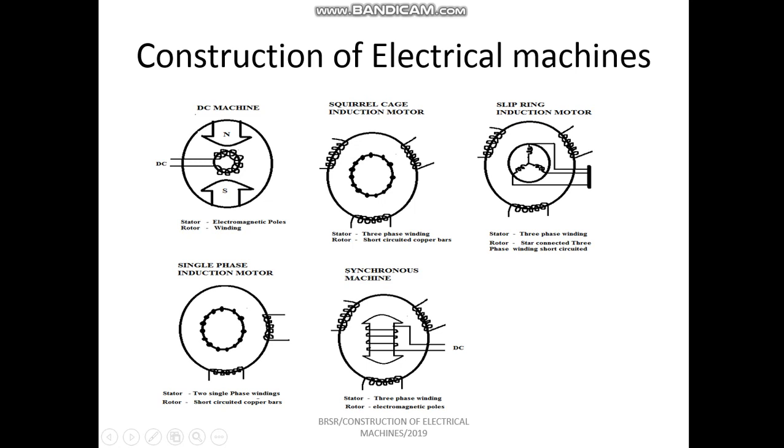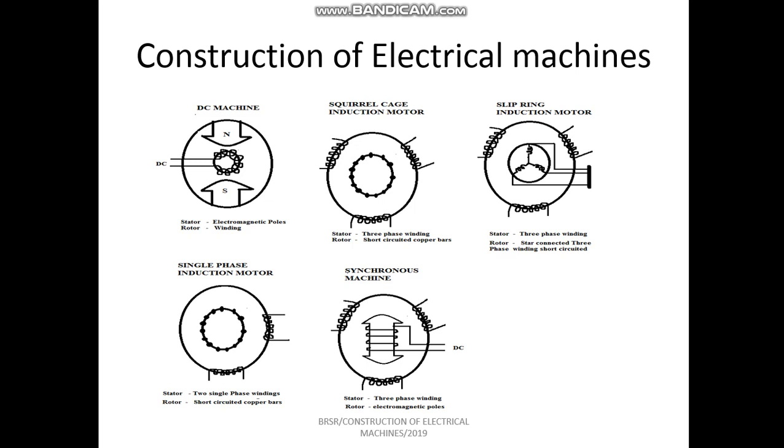It's a DC machine. In this DC machine, there is a stationary part which consists of electromagnetic poles. That is, they are not permanent magnets, but they have a core on which a winding is made and DC supply is given.